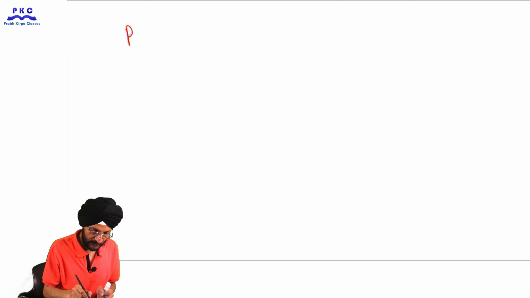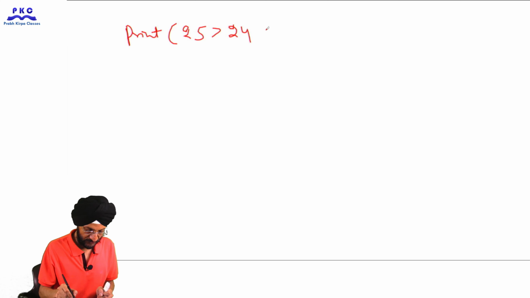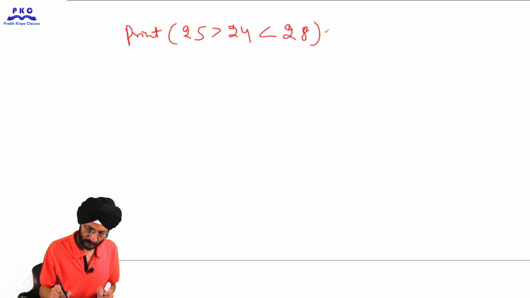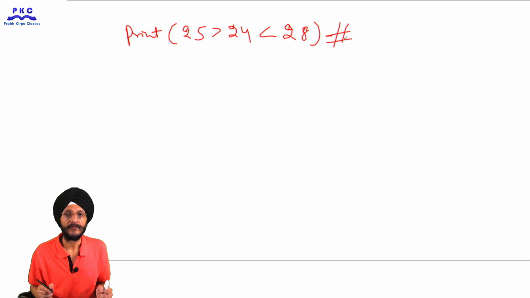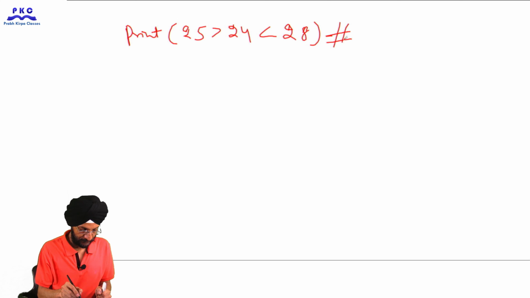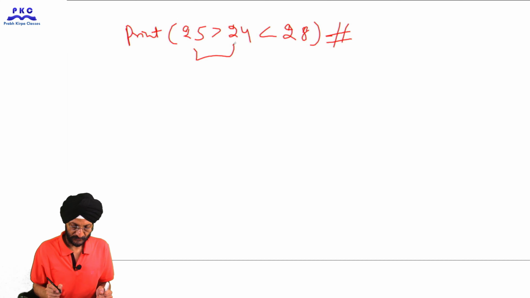If we use the print function and write 25 is greater than 24 is less than 28, what will be the output? We will first evaluate the first part. 25 is more than 24.